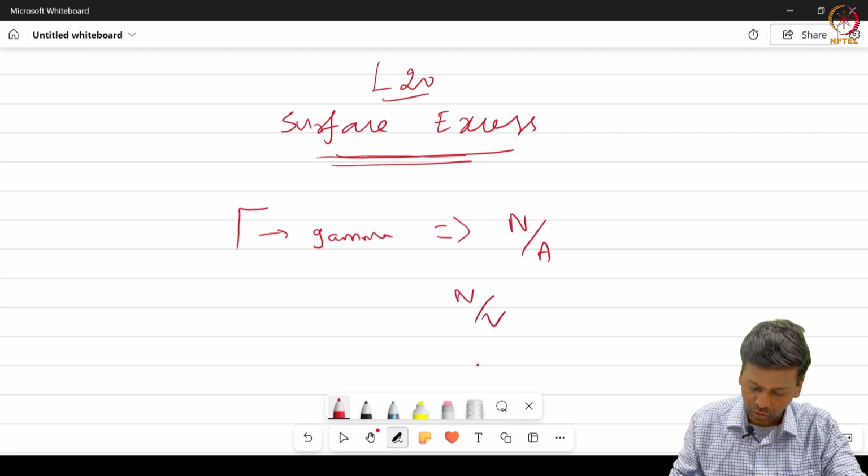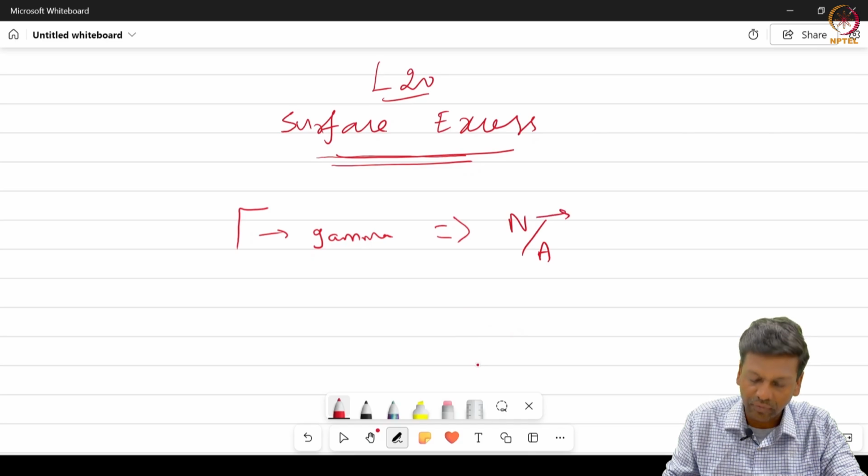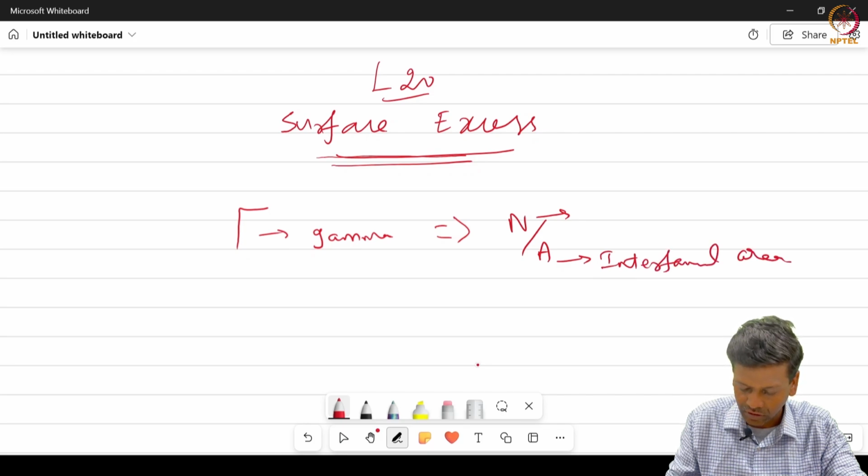Here, n refers to the number of atoms or molecules at the interface, and a is the interfacial area.